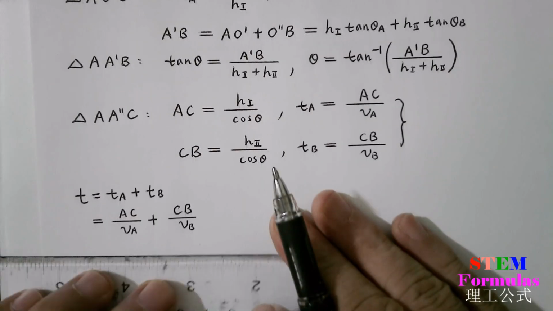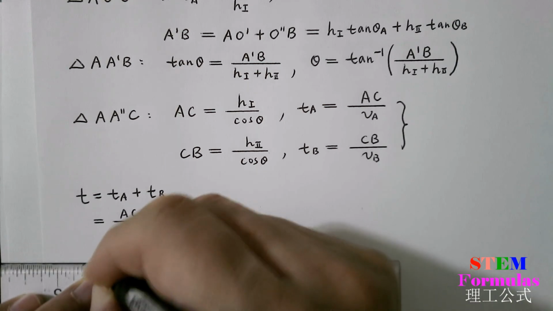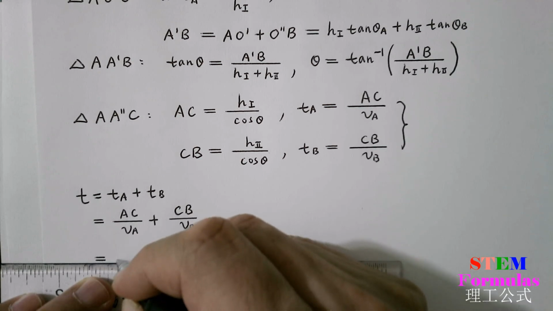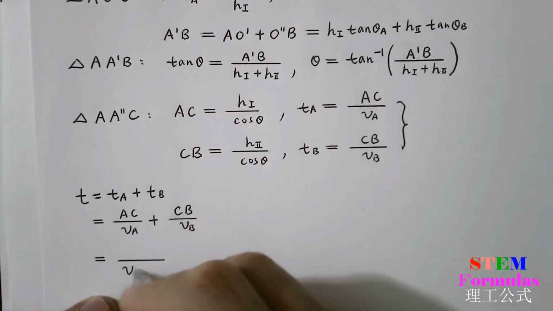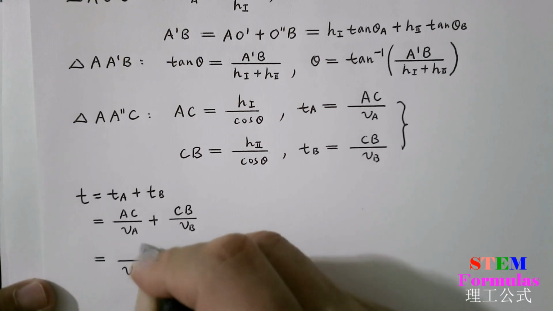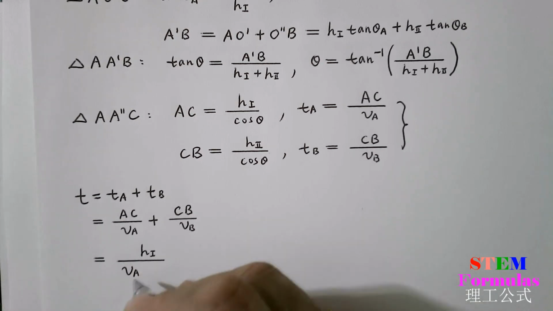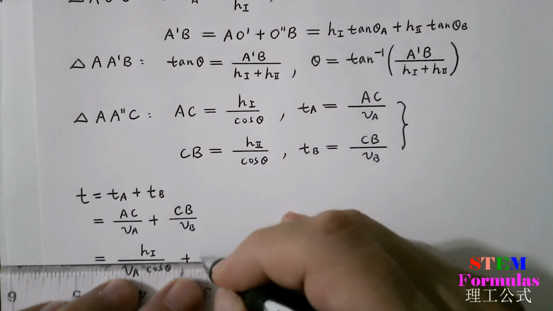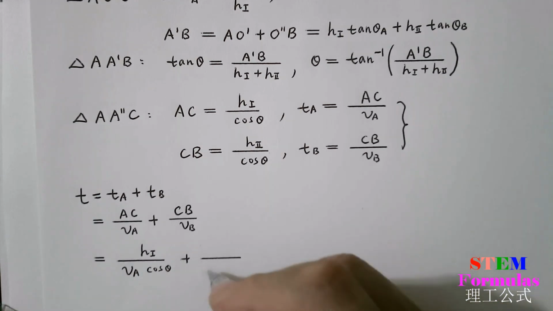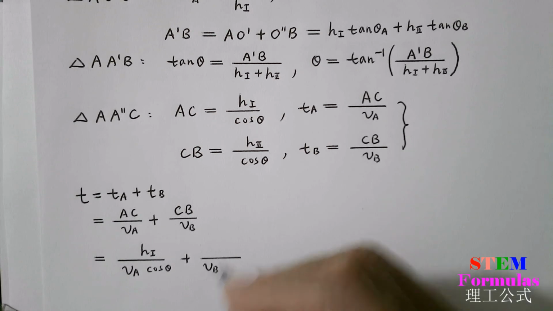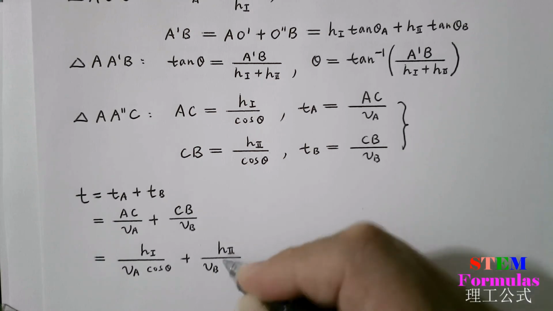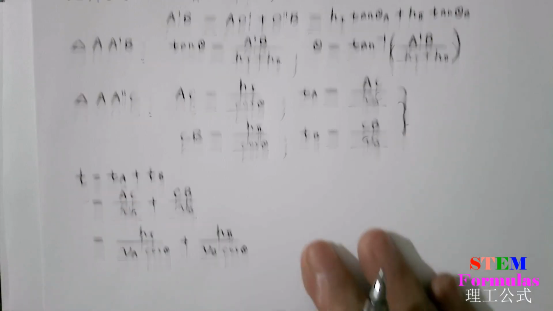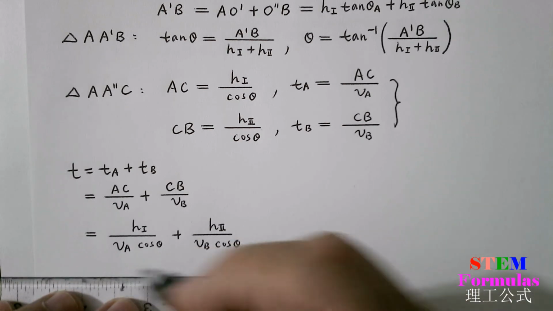So I got the total time equal H1 divided by VA cosine theta plus H2 divided by VB cosine theta, and this T equal continue.